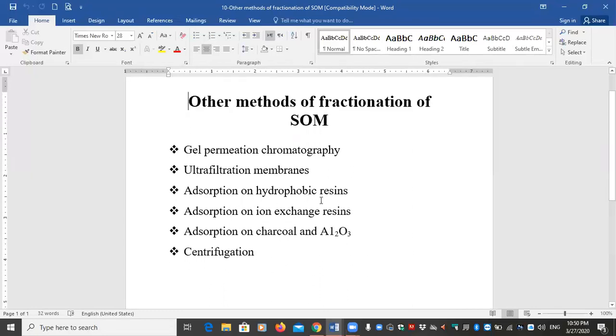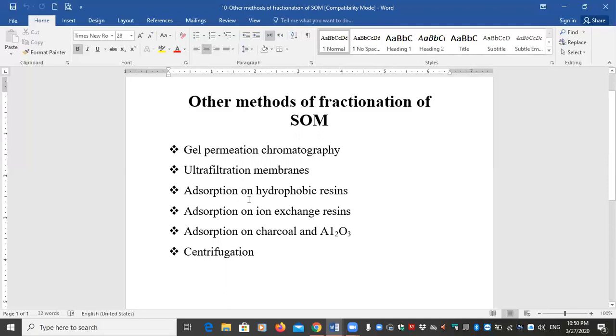Adsorption on hydrophobic resins. The word hydrophobic, generally when we say that, means non-water loving things, which generally indicates they are of organic nature. So adsorption on hydrophobic resins. The resins are synthesized materials made in a certain way, and these different fractions will be adsorbed depending on the characteristics of this resin.